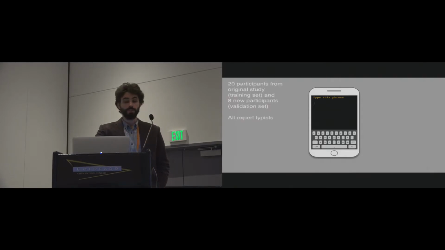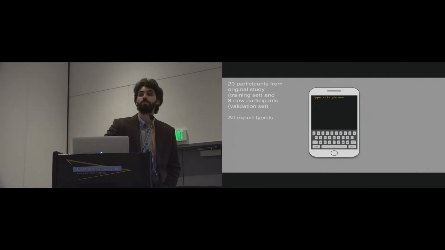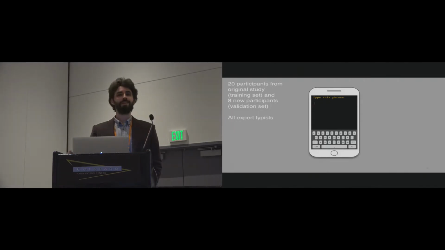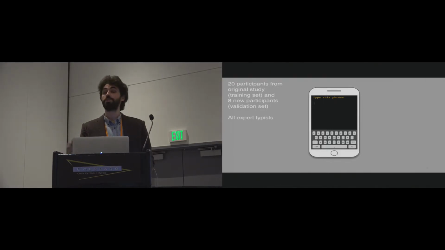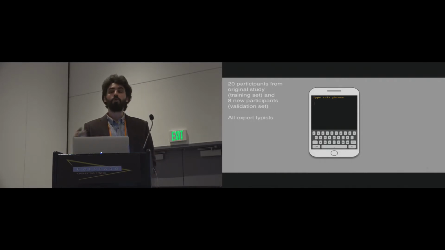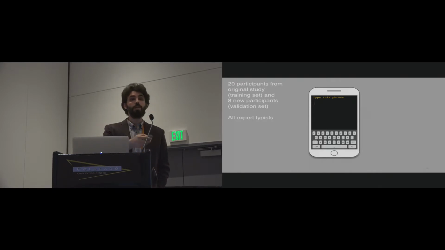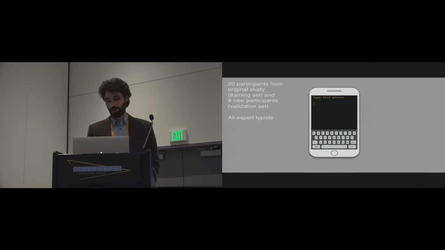Now, we recruited 20 participants from the original study, which we call the training set, the participants whose behaviors we have already seen, and we base some decisions on their behaviors. And 8 new participants, which we call the validation set, which we have not seen before. And all of these were expert typists with years of experience typing on these kinds of mini QWERTY keyboards.